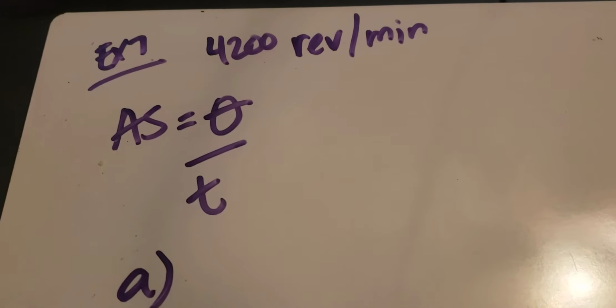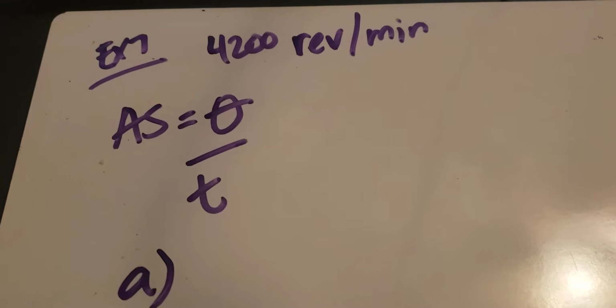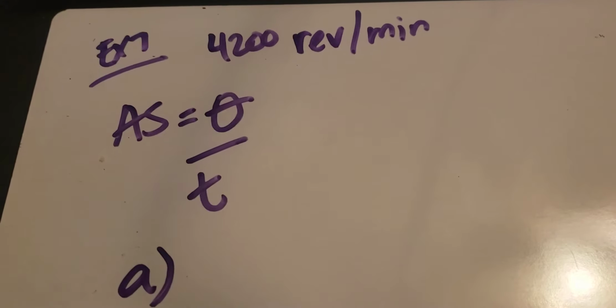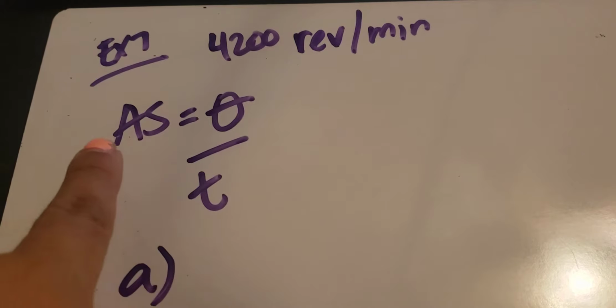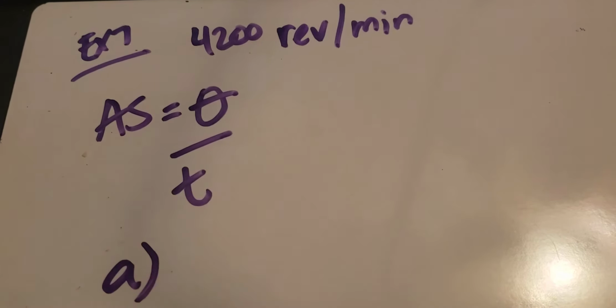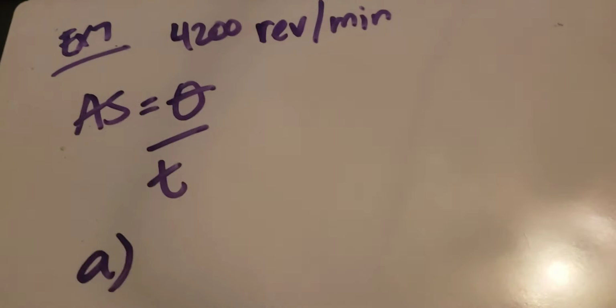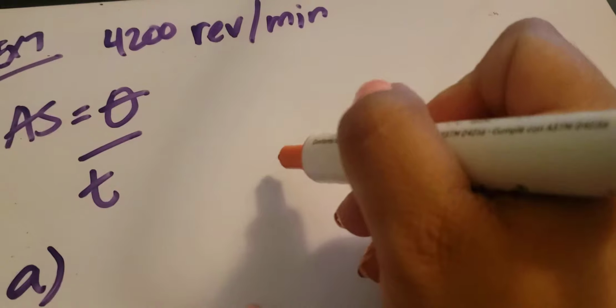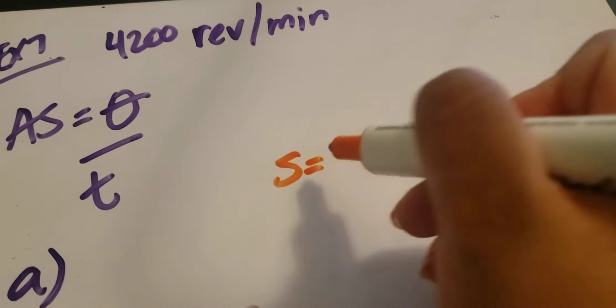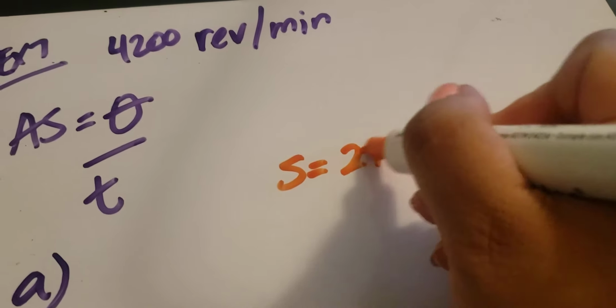Okay, boys and girls. So, remember that the information given for us to find part A was 4,200 revolutions per minute. Okay. And remember, angular speed is theta over t. Okay. So now I'm going to give you some side information that you have to remember. Remember that the arc length is 2 pi r.